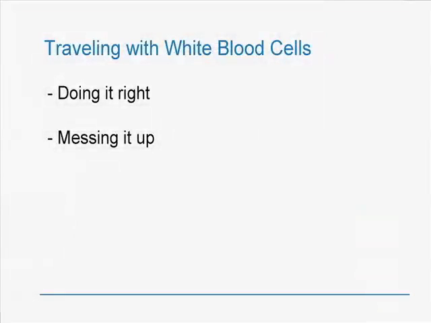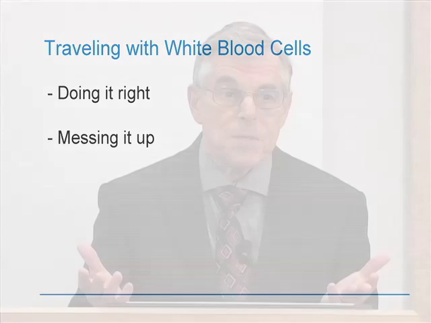And to do that in the simplest way, think about the trafficking of white blood cells within the circulatory system and how it's done right and how it can get messed up. One of the ways it can get messed up is to produce injury to the vessels, the conduits that are carrying these cells, and that injury we call vasculitis.